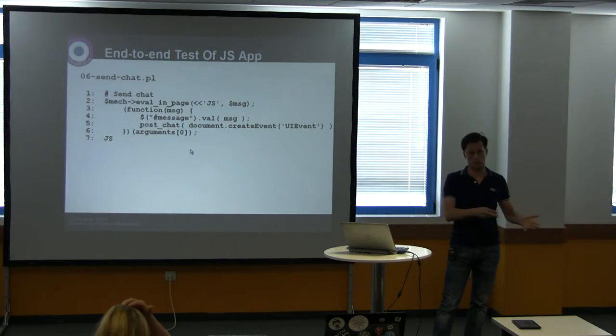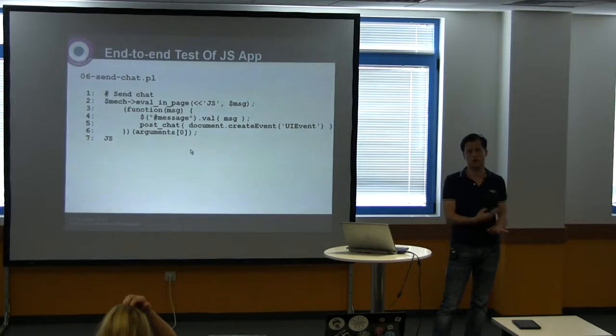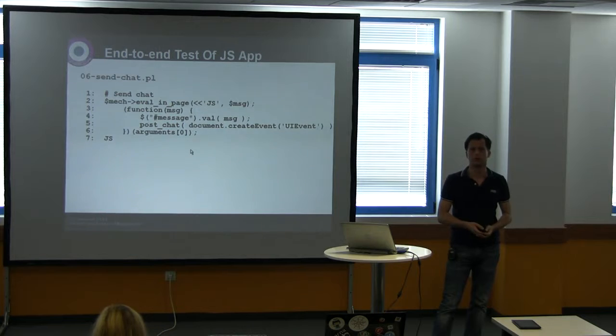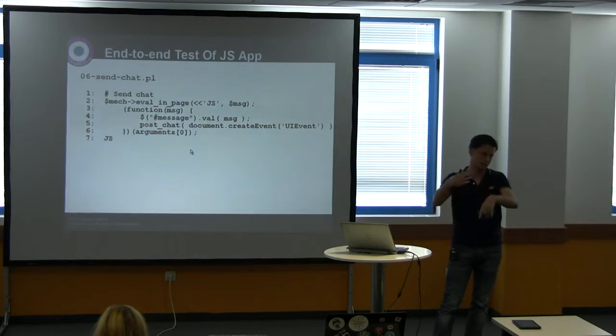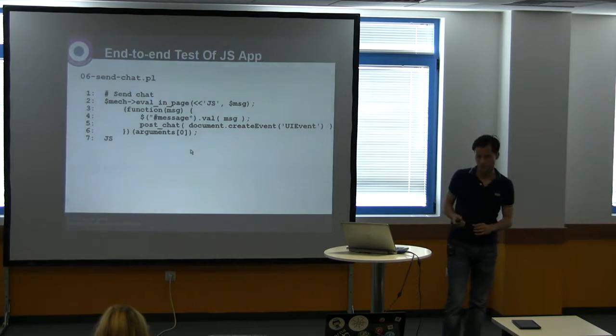So if you know the structure of your target page you are automating, it is very easy to bypass all the form fields or buttons to click, as long as the people writing the HTML don't use the Google JavaScript compiler, which changes the names of the functions every time the page is regenerated. But at least for testing your own applications, this is highly convenient to use your JavaScript API directly from Perl.